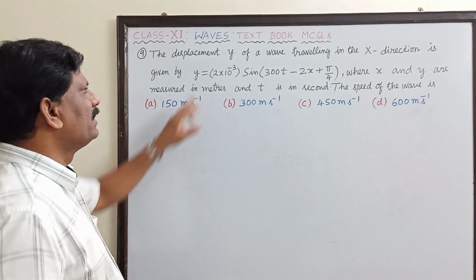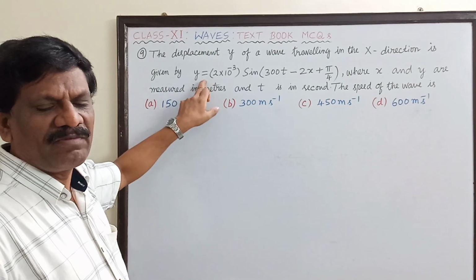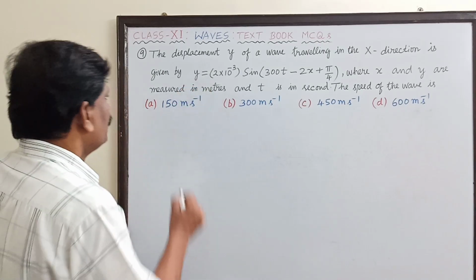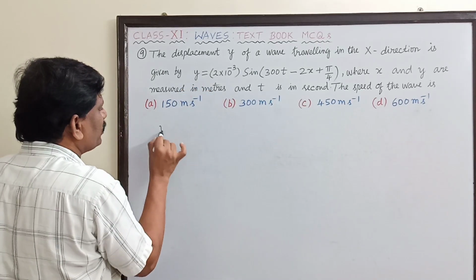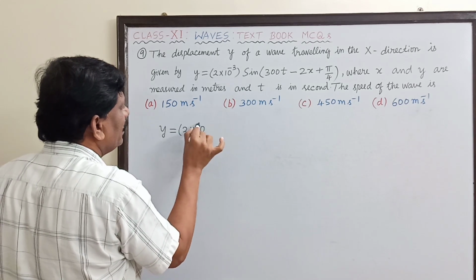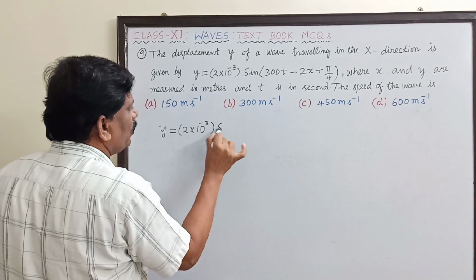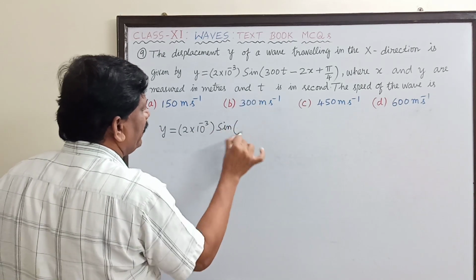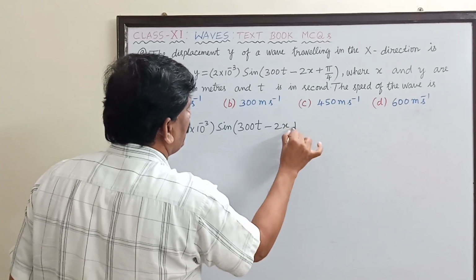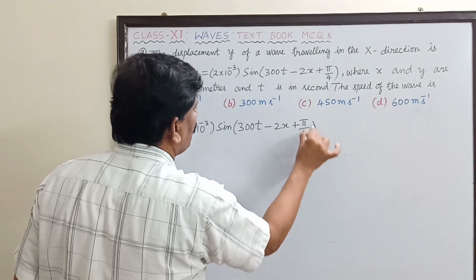Okay students, this is the equation of the displacement of a traveling wave or a progressive wave. So I will rewrite this equation. y is equal to 2 into 10 power minus 3 into sine of (300t minus 2x plus pi by 4).